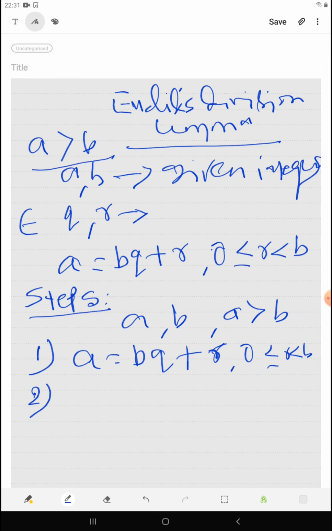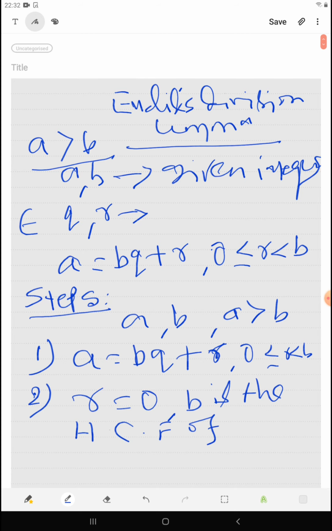if suppose r equals 0, then b is the HCF of a comma b. Now if r is not equal to 0, then what?